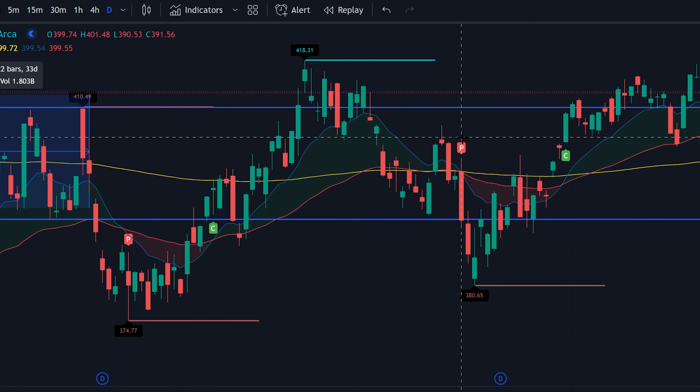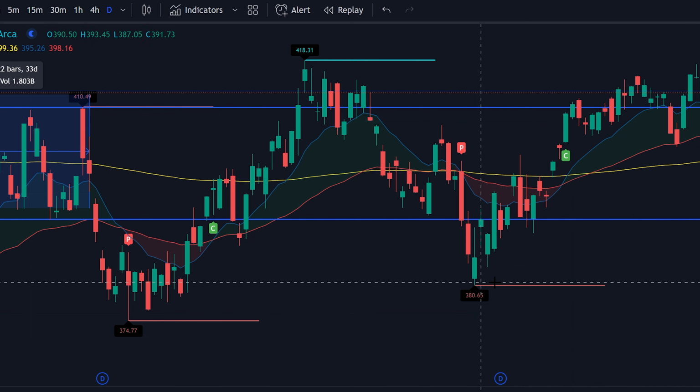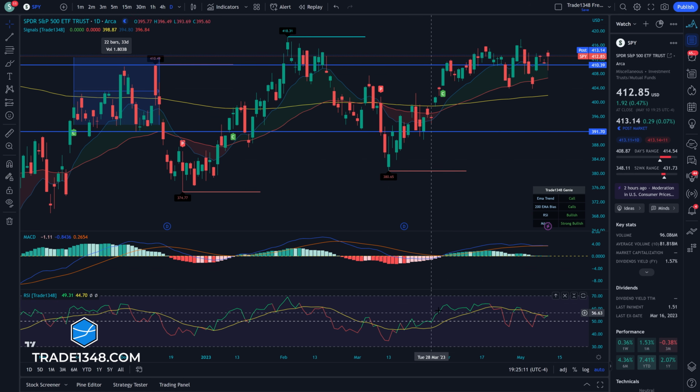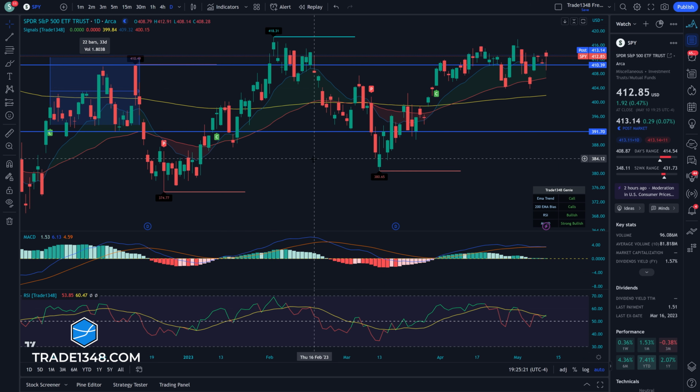You can capture this put here and come all the way down to 380. Of course, playing relative to the rules here, you establish a level, RSI breaks above its moving average, and then we're guided right back into a call, which is the meat of the move, and currently the SPY is in a call trend.